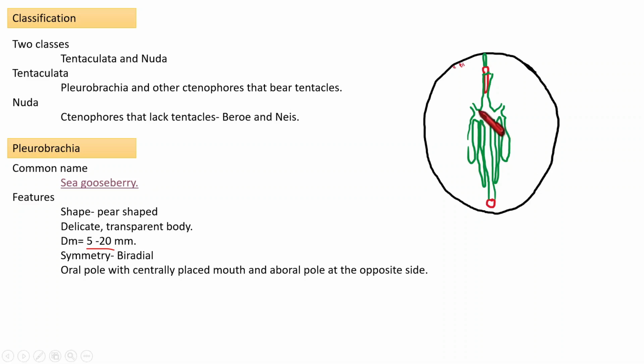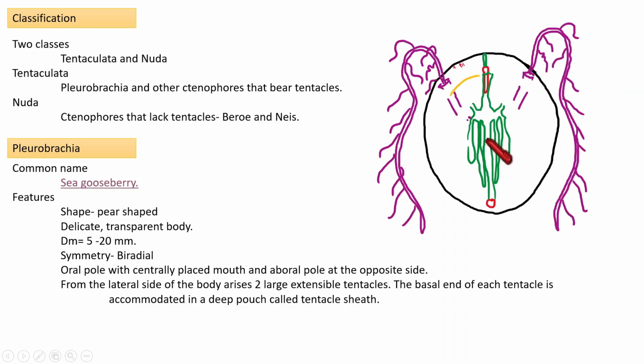From the stomach, so many radiating channels are emerging in this way, and they all pass parallel to the ciliary planes, the teens. What is its another name? Teens. I will show you.